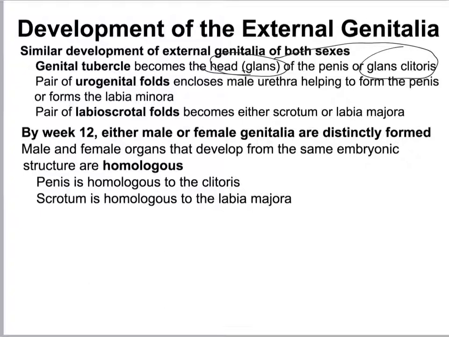They develop from the same tissue. The other portions of the penis that enfold the urethra in males form the labia minora in females. The labia majora and the scrotum are made from the same tissue. You can usually tell, or at least in theory, the genitalia are distinctly formed by about week 12.